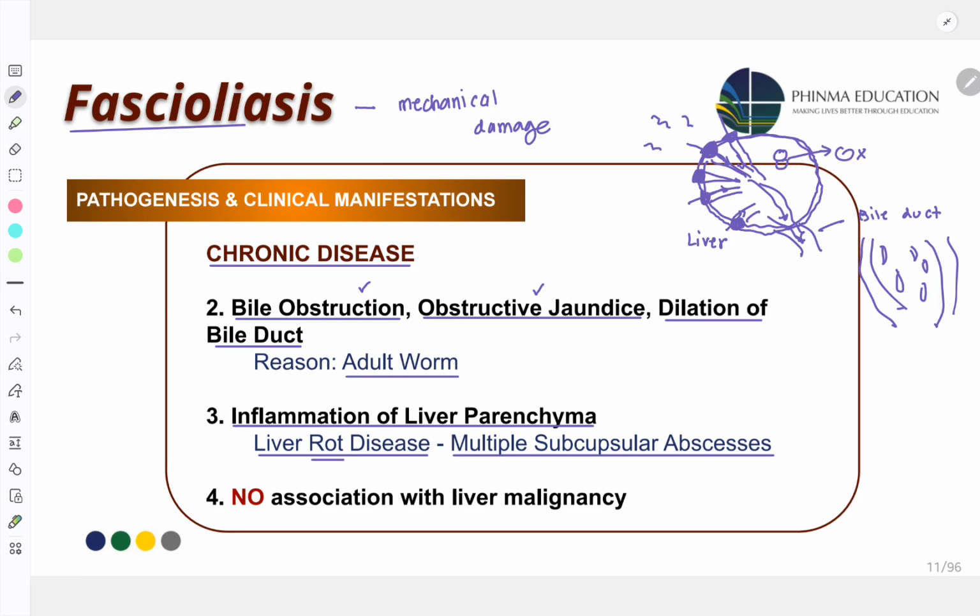So of course, dead hepatocytes cannot function. So kana na parts of the liver, of course, non-functioning na. But your fasciola is not associated with liver malignancy. So meaning your fasciola cannot cause liver cancer, no? Or walay association.